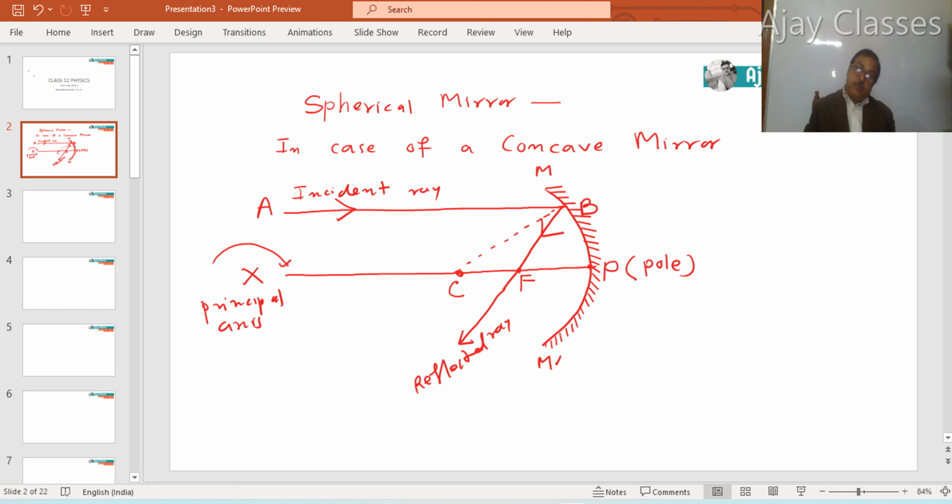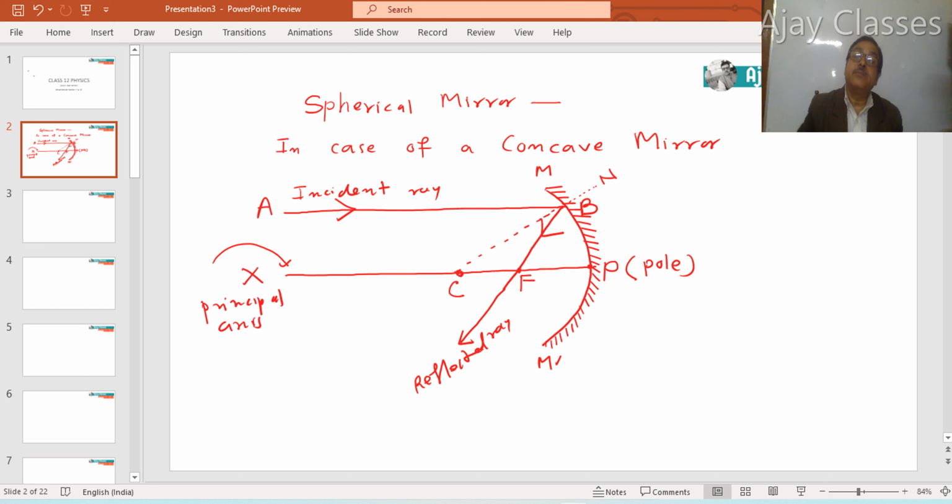Now, when we join the point C, the center of curvature, to the point B, where the light is incident and gets bounced back, this dotted line is known as the normal at the point B of the concave mirror. And this normal is CB.